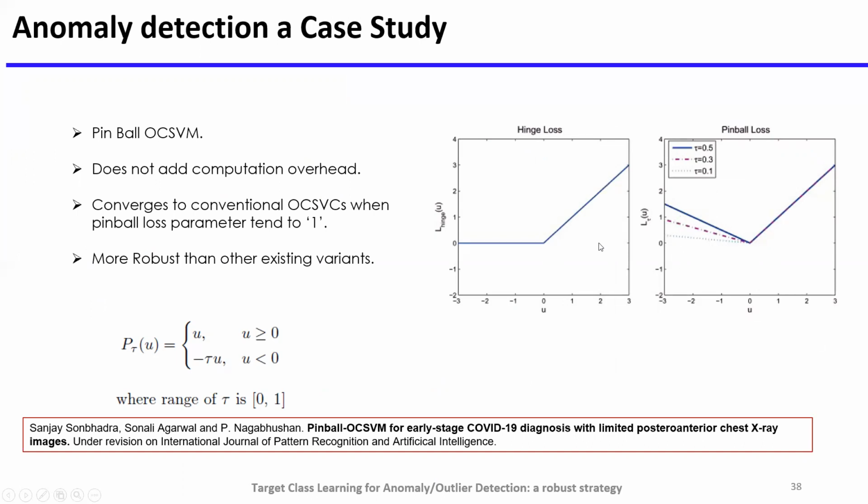And no doubt this pinball loss is not going to add a computation overhead, and it converges to the conventional one class support vector classifier when the pinball loss parameter tau is equal to 1. Okay. So let us see how this classification algorithm is able to fight the deep learning models.